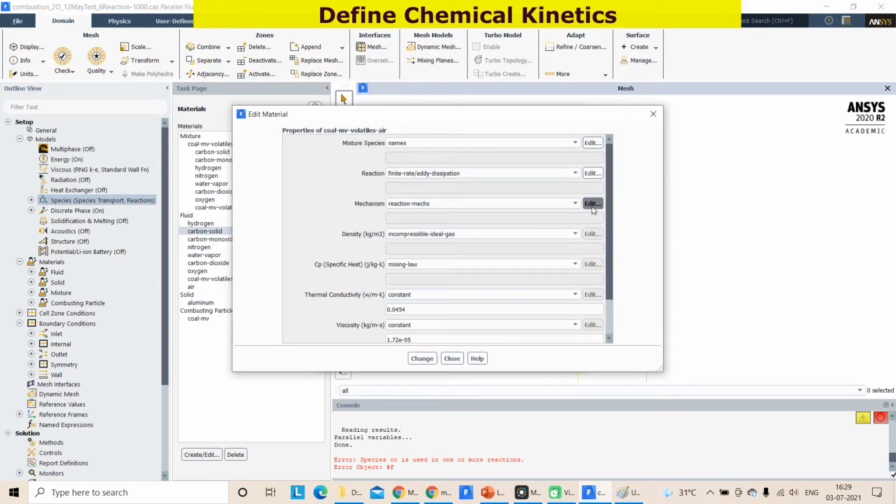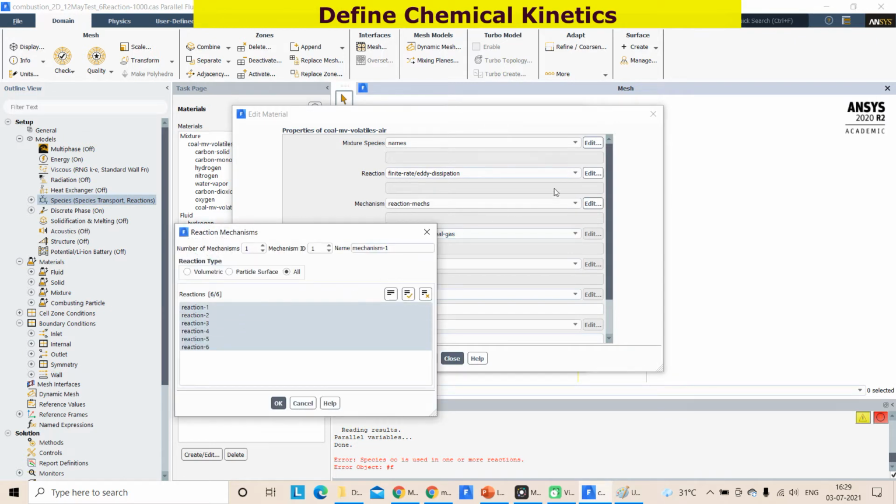Here there are six reactions. Whatever reactions you add, you will see them here. After giving the reactions, reactions 2, 3, 4, 6 will be reflected here. That means six reactions are there.